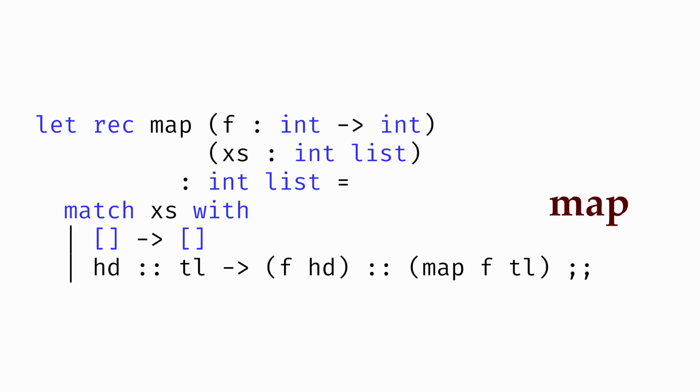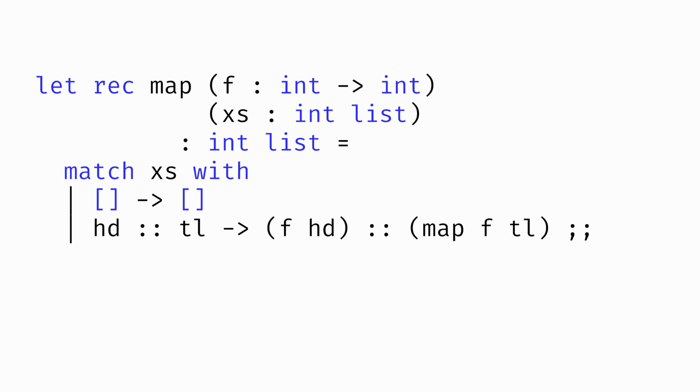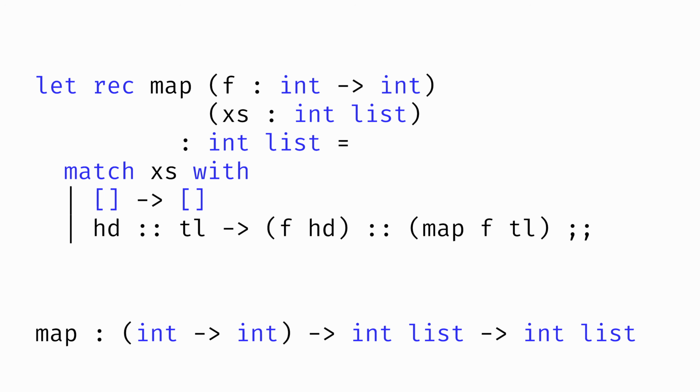So let's recap what this function does. It takes a function f that operates on integers, and then a list of integers, and outputs a new list that's the result of applying the function f to each element in the list. As a result, the type of this map function is (int -> int) -> int list -> int list.